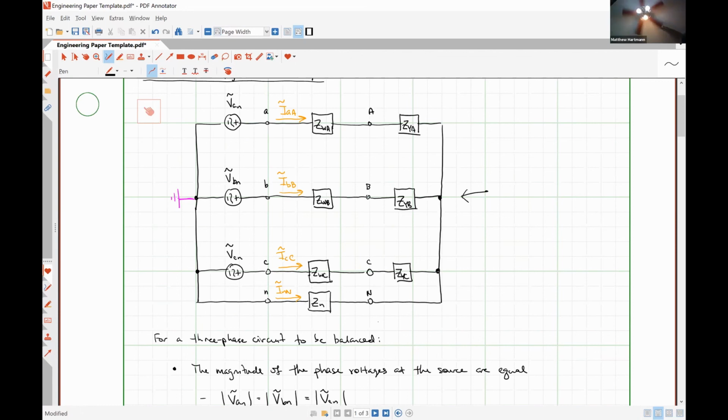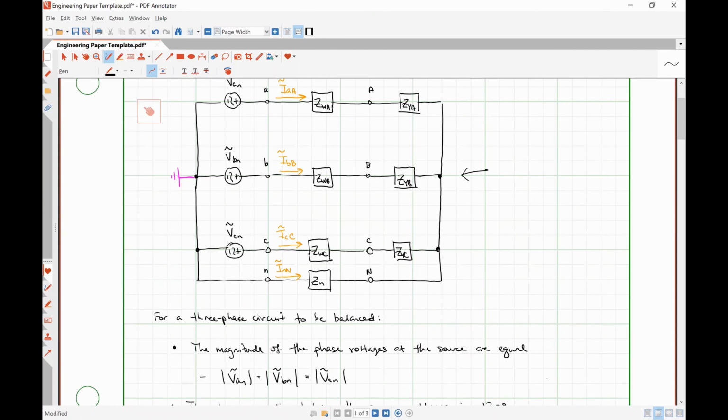So for a balanced system, we know for a fact that the voltage drop over Zn is 0. That means the actual impedance value of Zn doesn't matter, right? If the voltage drop is 0, then we can treat it as if it were a short circuit.